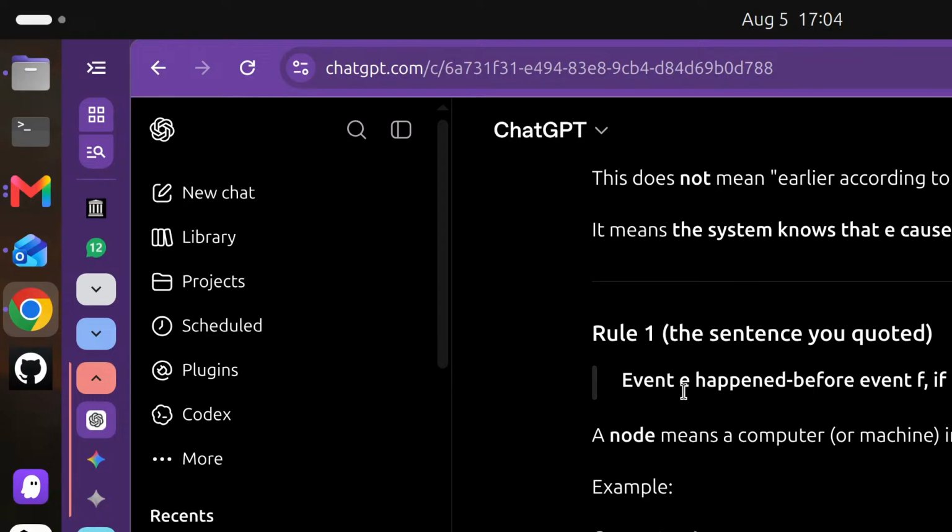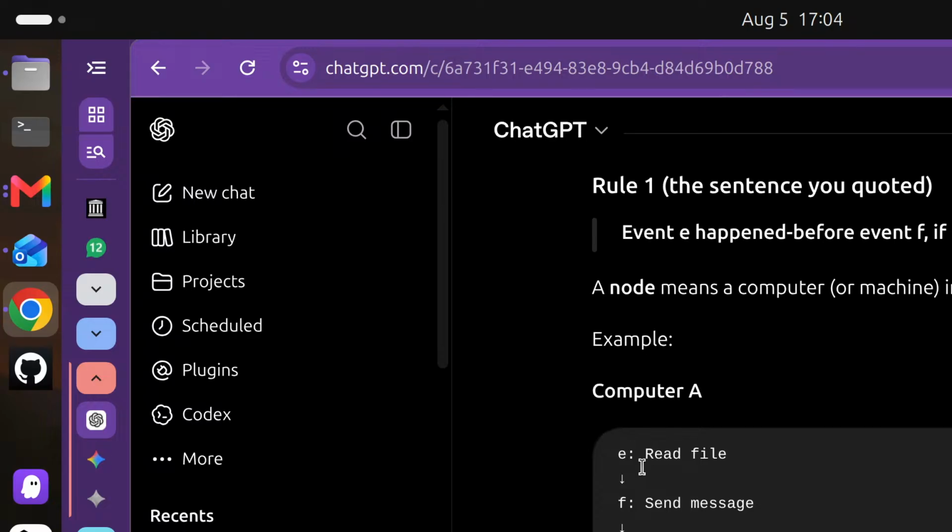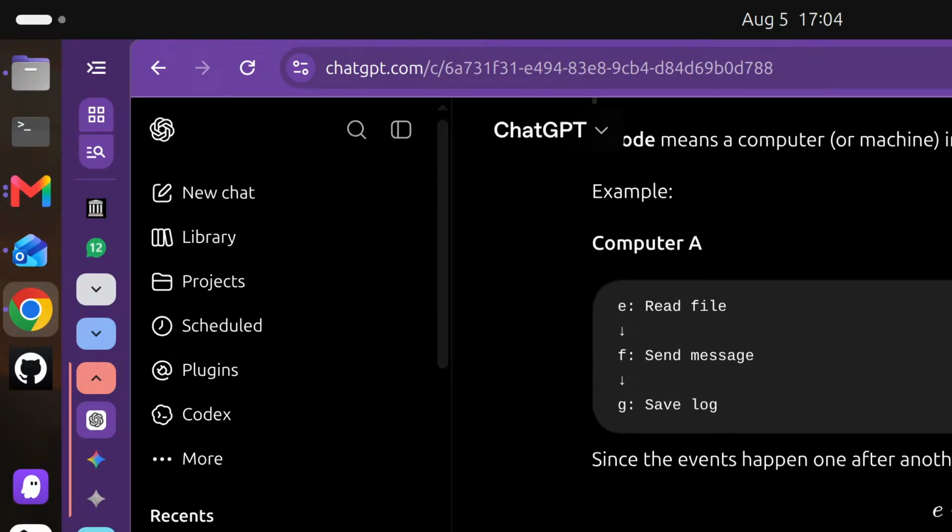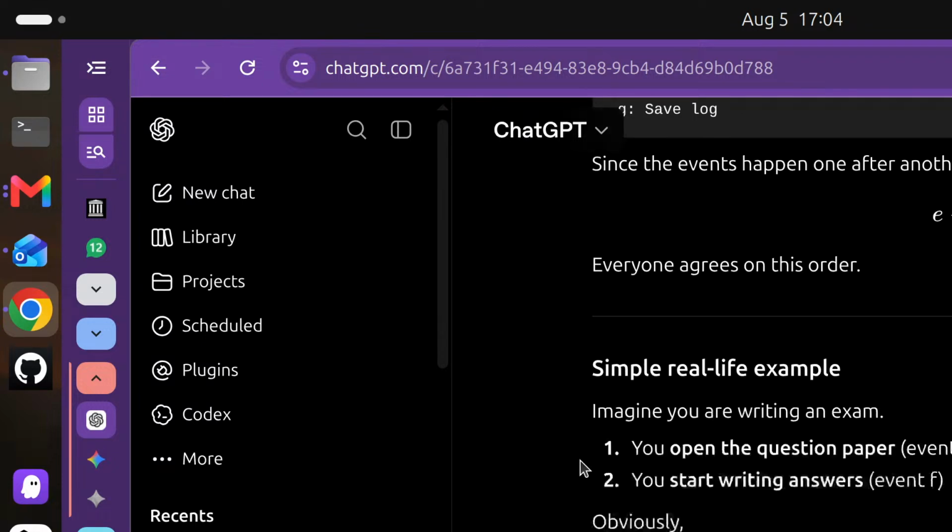Example, computer A is there. E is an event, let's say read file. Then F, send message. G, save log. Since the events happen one after another on the same computer, we can write E, F, G in this order. So everyone will agree on this order.